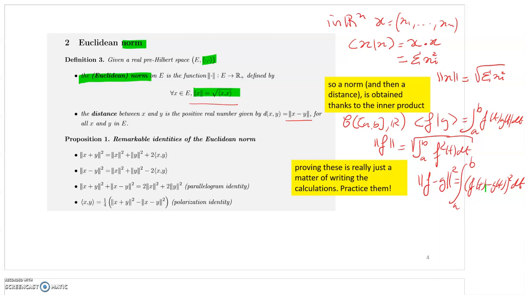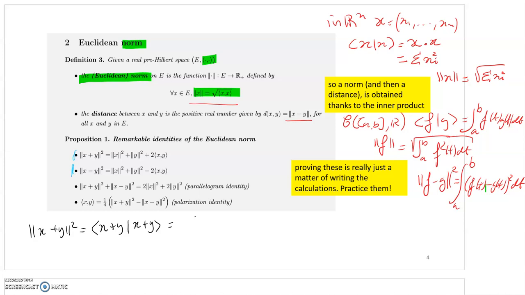A few properties, remarkable identities. Basically, these are just going to be working on the expression. So let's have a look at the first one, for instance. If I'm looking at the norm of x plus y squared, by definition, that's the inner product of x plus y with x plus y. And now I'm just going to expand that using the properties of the inner product.